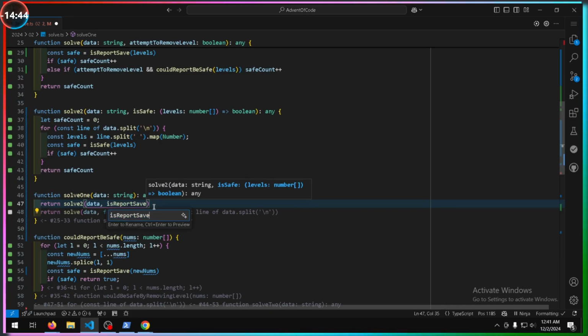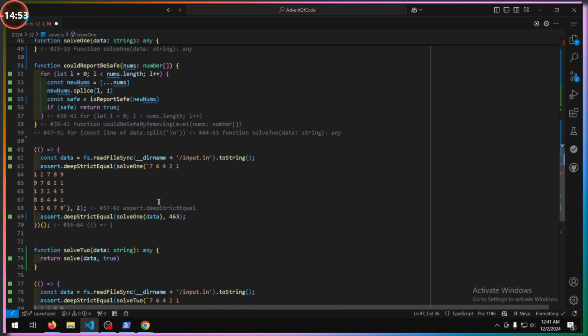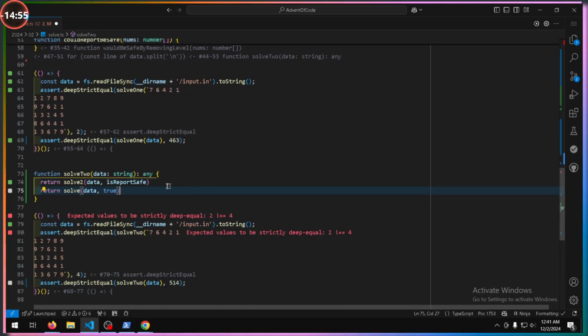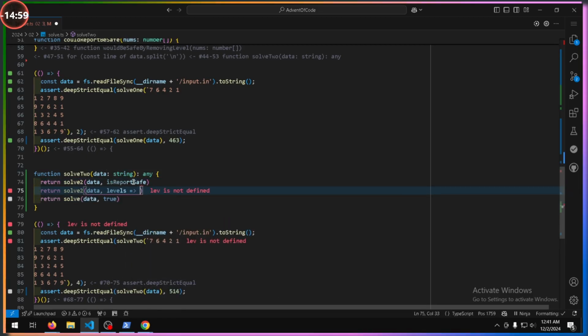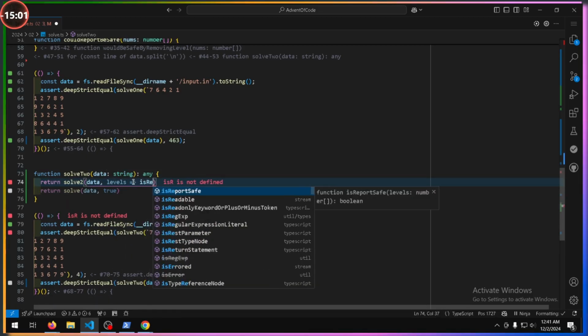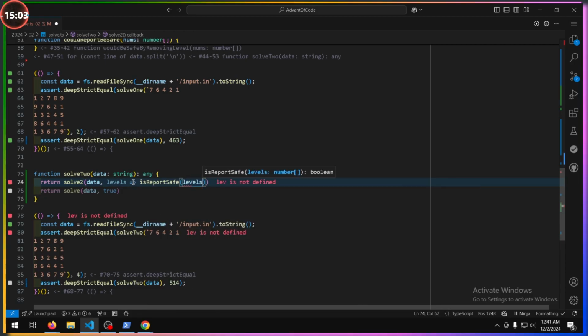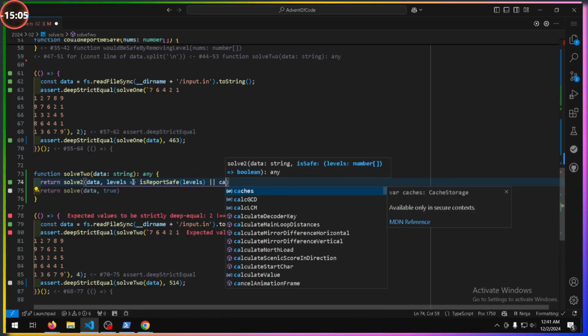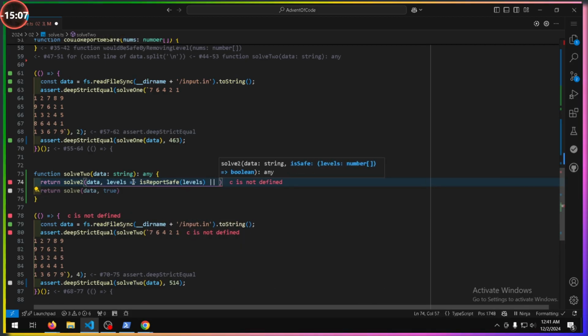have I really typoed this entire time? There we go, fixed it. So the first one is just being like, hey, just use the built-in function. The second one is where we get a little fancy by saying levels is, nope, is report safe levels or can, what did I call it?